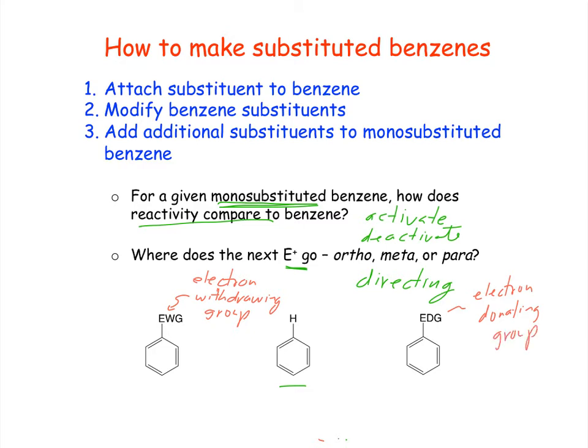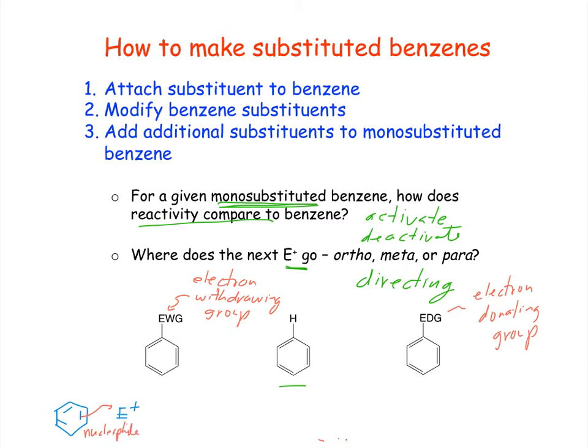Okay, so for electrophilic substitution reactions, what role was it that the benzene played? It reacts with some electrophile, right? So what role does the benzene play? It's the nucleophile, right? So it goes like this. So the benzene is the nucleophile.